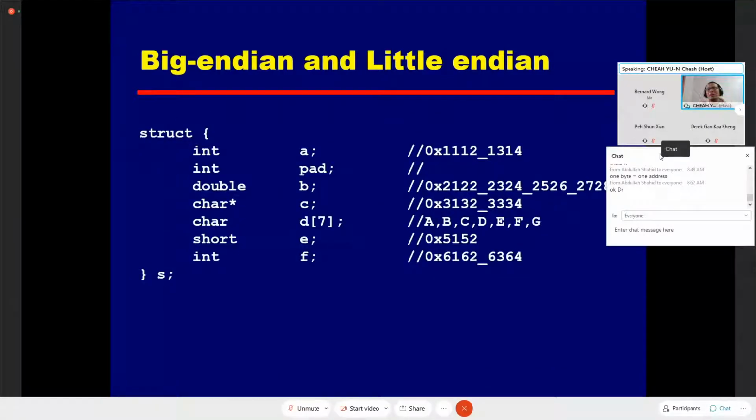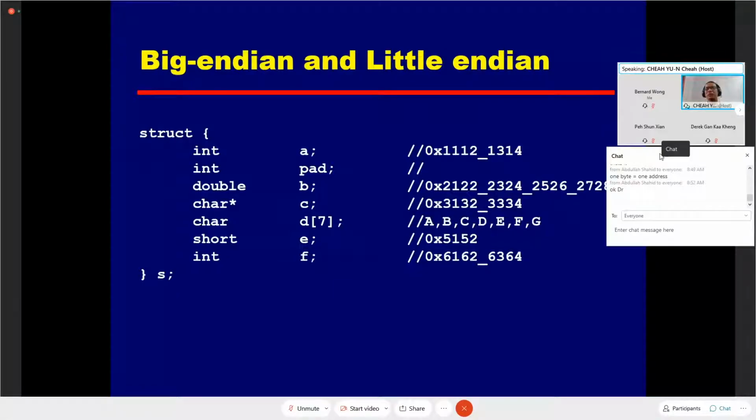Remember, every variable will have a content. You see in the comment on the right side here, these are the potential values that you want to put into the variable. Whatever the content of that variable is, it must look the same, no matter whether it's big endian or little endian.